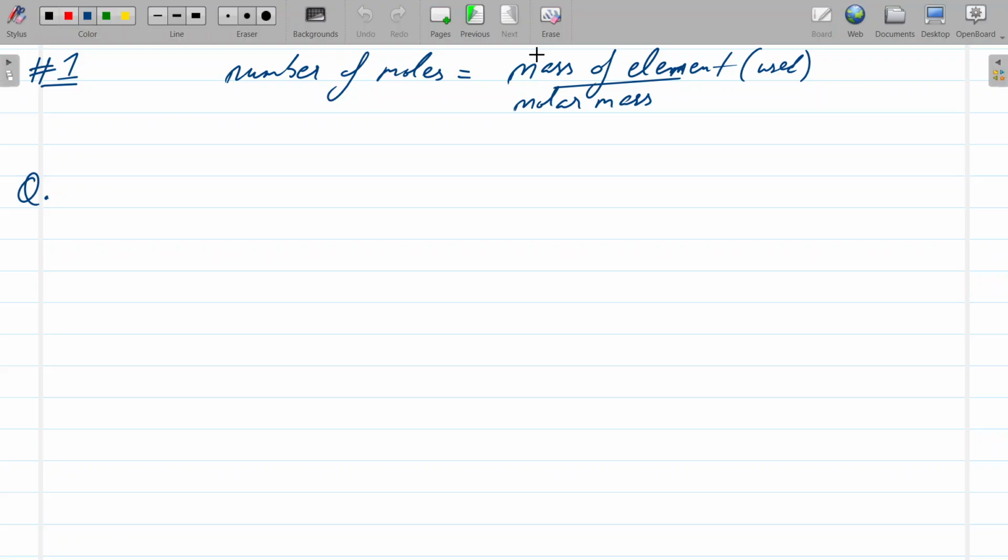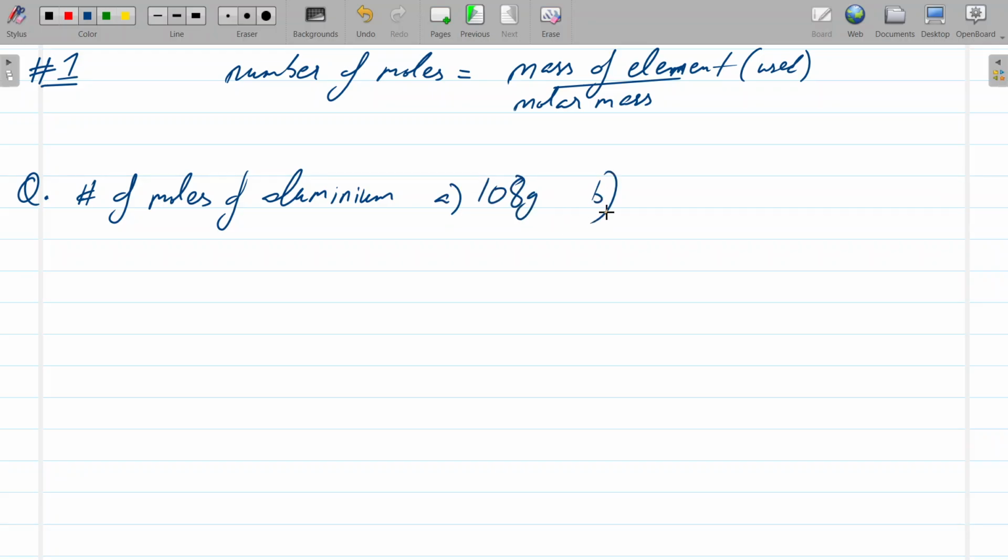Are we gonna do another question based on this formula? Yes. So they're asking you the number of moles of aluminum, or aluminium, in first of all 108 grams, and secondly 13.5 grams.